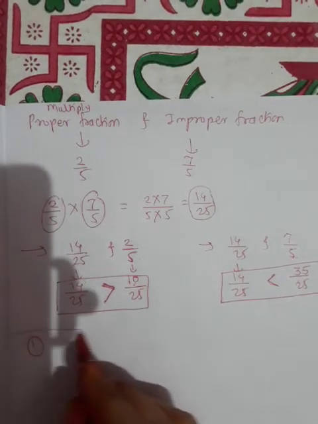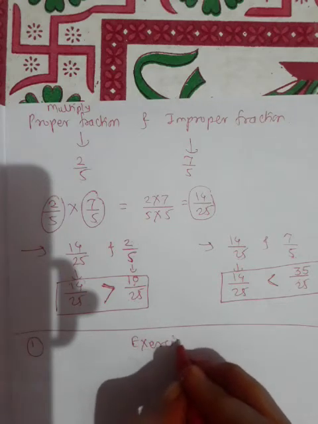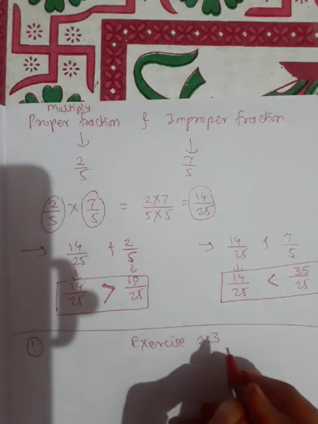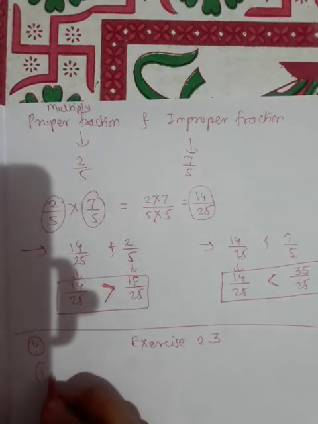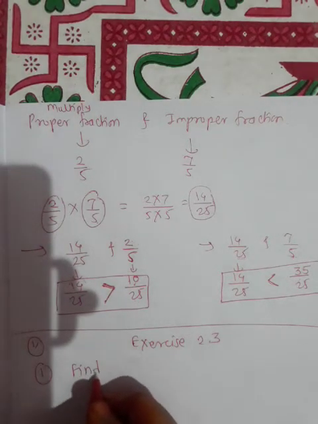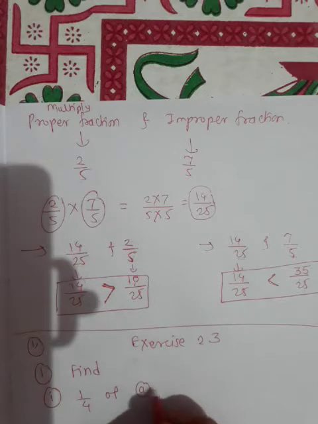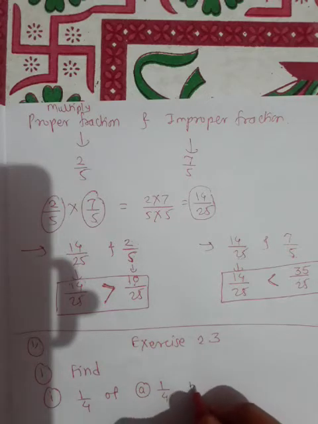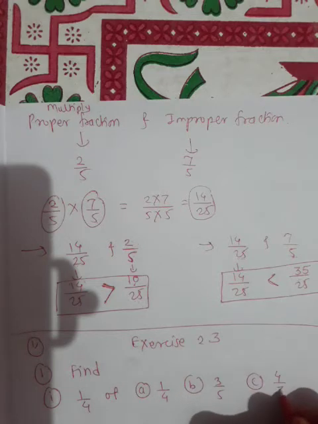Now we will move towards exercise 2.3. Question number 1 is find. First they have asked to find 1 by 4 of A: 1 by 4, B: 3 by 5, and C: 4 by 3.